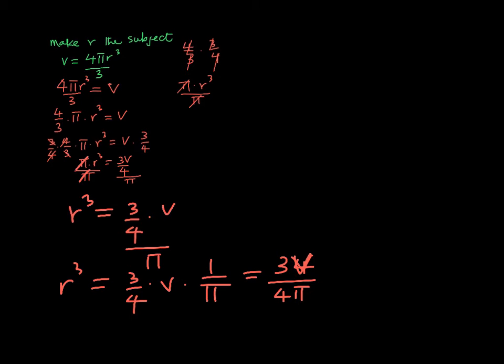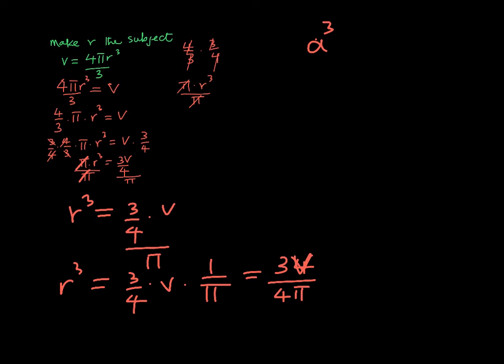That's what we have. So now we have r cube on the left, but what we are looking for is just plain r, not r cube. So if you stop at this stage, then you are wrong. So we want to go forward. Remember, we use the reverse process. If you have a cube of something, how do you reverse the process?